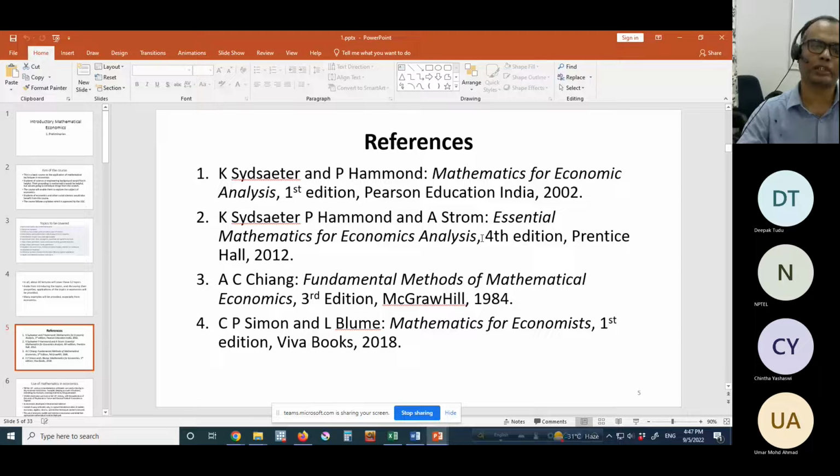These are the standard books that I have used in designing this course: Sydsaeter and Hammond, two books, and Alpha C. Chiang, Fundamental Methods of Mathematical Economics, and Simon and Blume, Mathematics for Economists. If you use their examples and exercises along with what you have learned in this course, I think it will help you immensely in preparing for those exams.